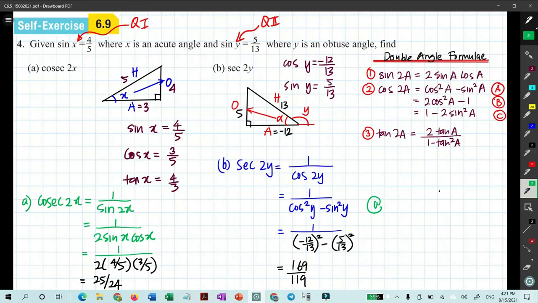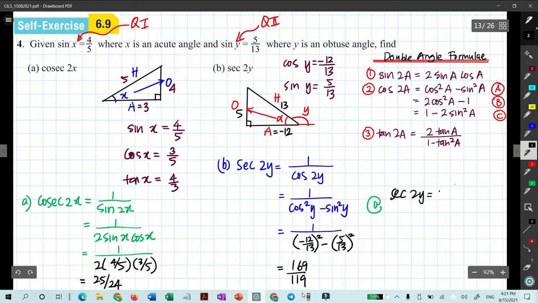And you can answer this question using the third option for formula number 2. If you do that, you basically don't require this triangle at all. So secant 2y is equal to 1 over cos 2y, and cos 2y can be replaced with 1 minus 2 sine square y.